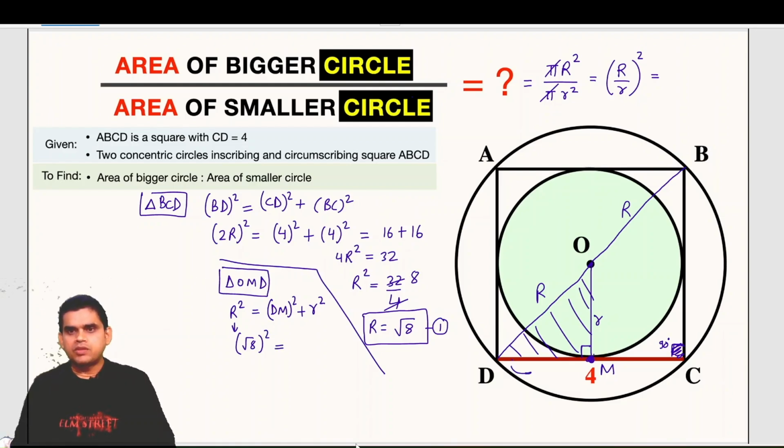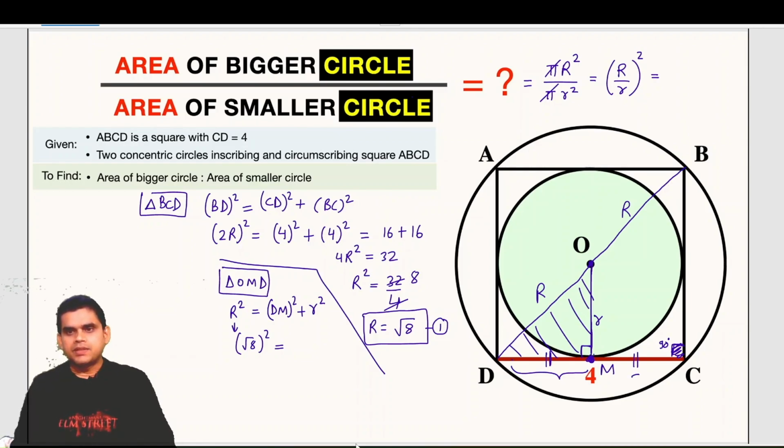DM, what will be the length of DM? If we consider the larger circle, CD will be a chord of this larger circle. O will be the center of this larger circle. If we drop a perpendicular on this chord CD, then this line segment OM will bisect this chord.